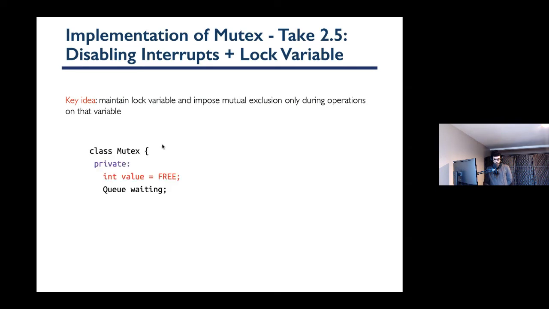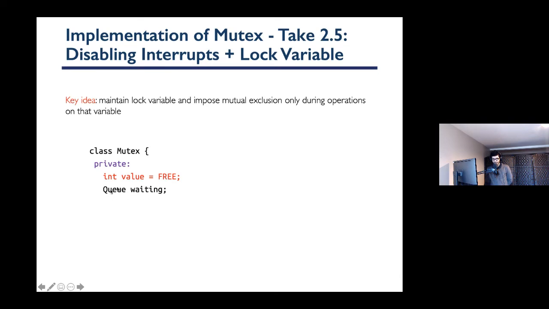So here is our class. Class Mutex. We're just refining the implementation that we saw previously. This is the variable, value, free. Initially, it's free. We're going to introduce a waiting queue.